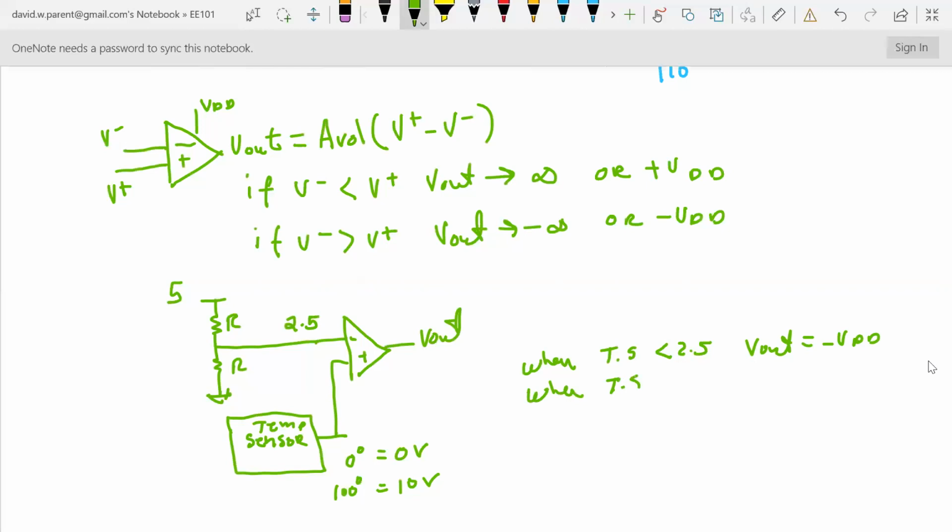When the temperature sensor is greater than 2.5, V out equals plus VDD.